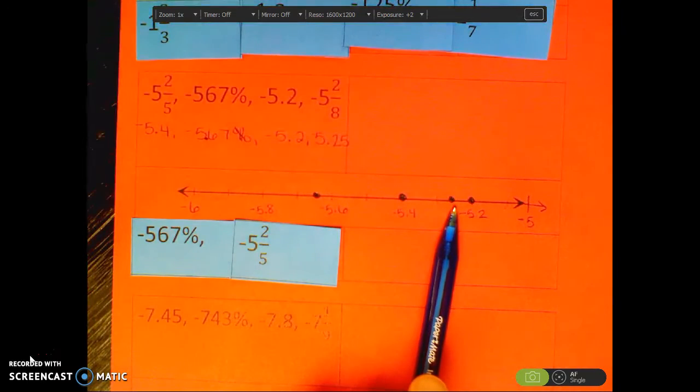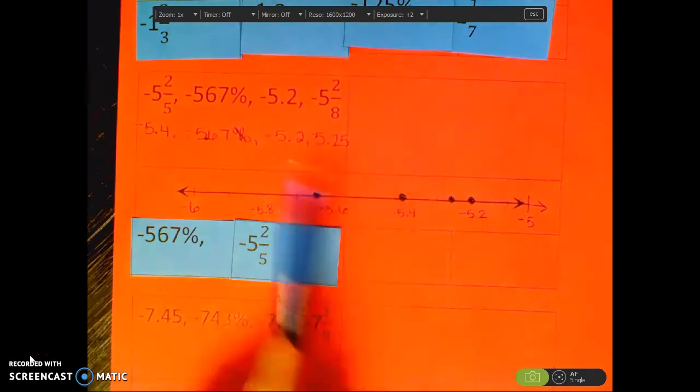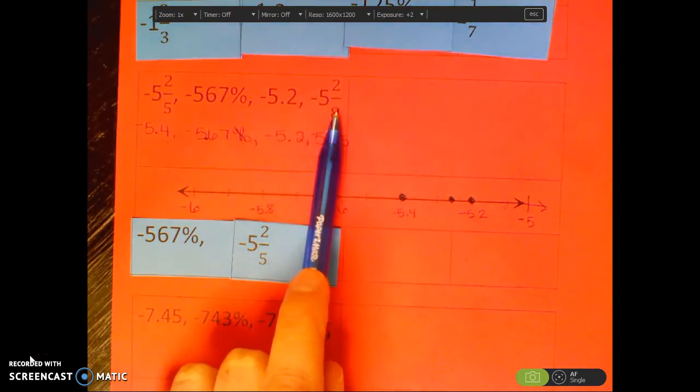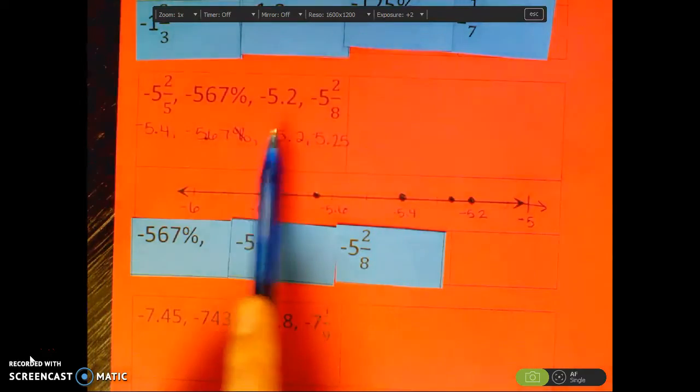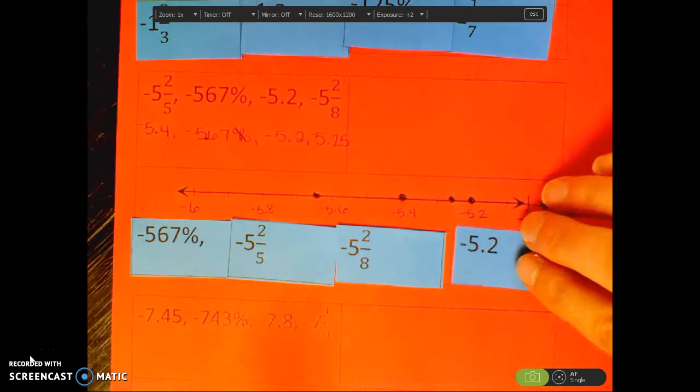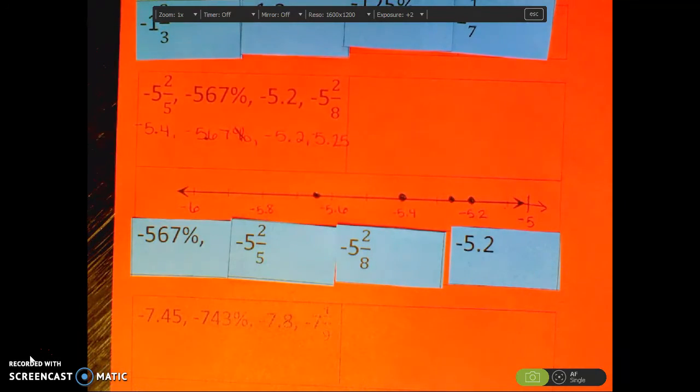Moving along again, this one right here, which is in between the 0.2 and the 0.3, so it must be negative 5.25, which is negative 5 2/8, followed by negative 5.2. Make sure that those are correct.